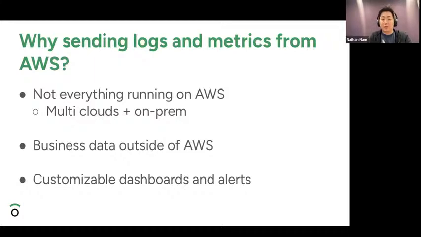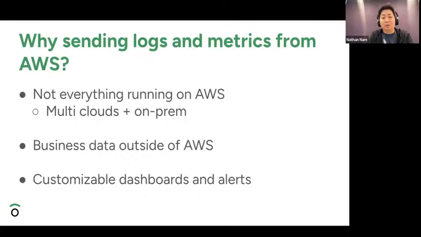And we still have customers with a large footprint in the on-prem environment. So using CloudWatch on AWS couldn't give them a so-called single pane of glass. You need a centralized place like Observe to have a full picture of what's going on in your services.